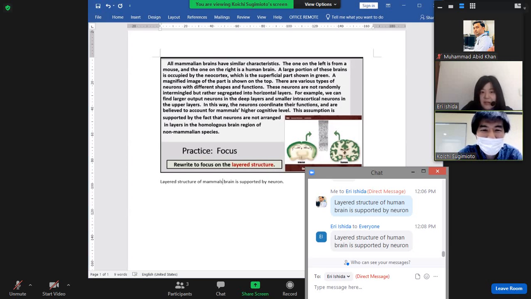Supported by neurons. Supported. Support. Assumptions. Supported.